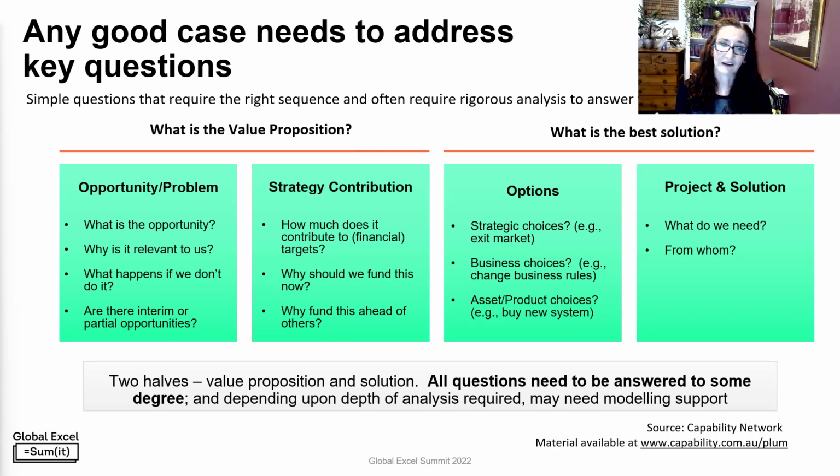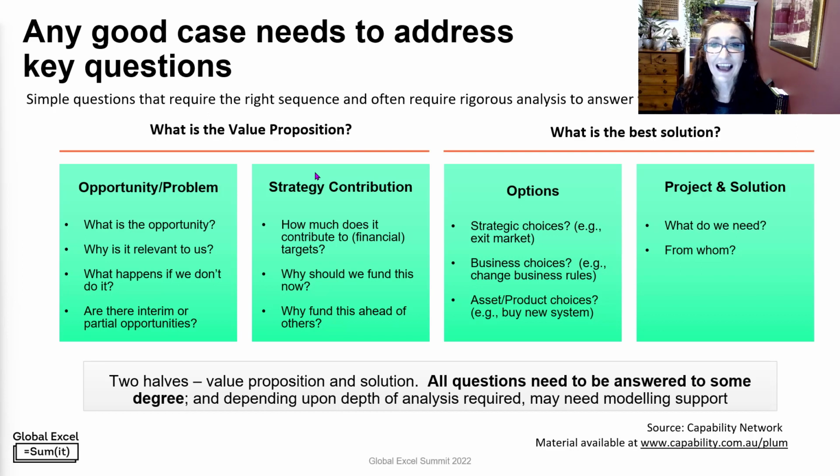This diagram illustrates the typical content or section headings for a good business case document. That document could be 20 pages long or it could be 200 pages long, but the important point is that you do fill in all of it. If you're doing a fairly high-level business case, you might be tempted to skip some of these questions.